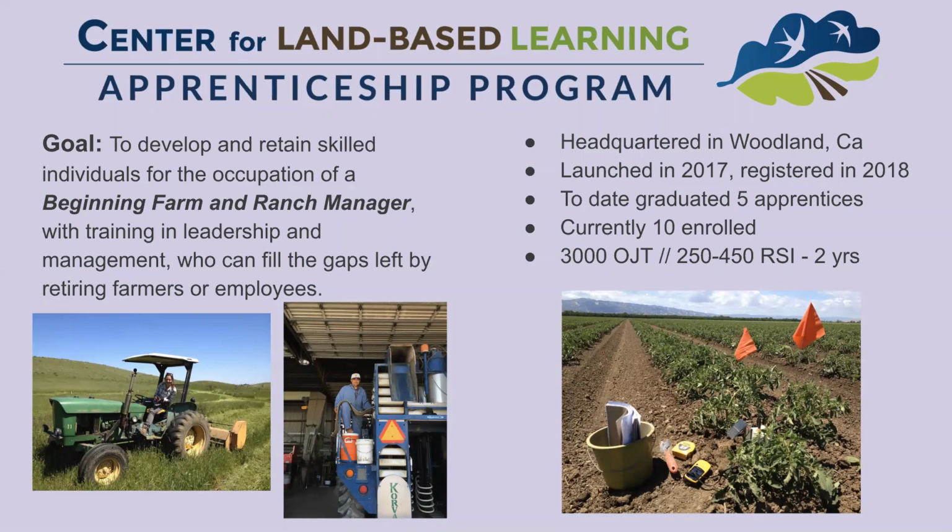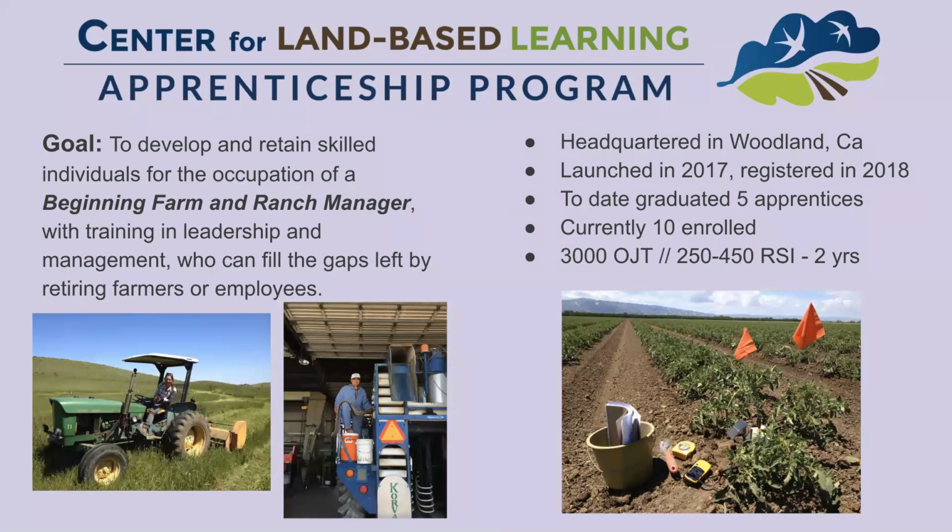And over the last 4 years, we've graduated 5 apprentices, 2 of which are actually graduating today in just a few hours. And the 10 that we currently have enrolled have all actually joined our program in 2020. So it's pretty interesting. Our program is finally gaining quite a bit of momentum. It's taken a little while.